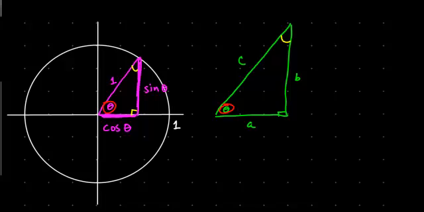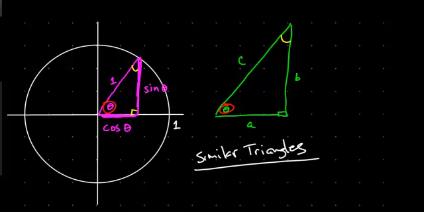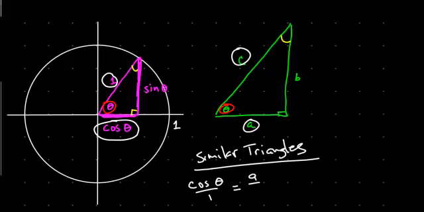So what we have is similar triangles. And so by similar triangles, we see that cosine theta over 1 equals A over C. That gives me that cosine theta equals adjacent over hypotenuse.